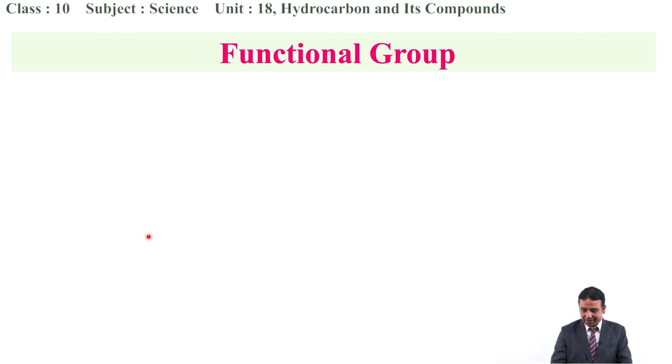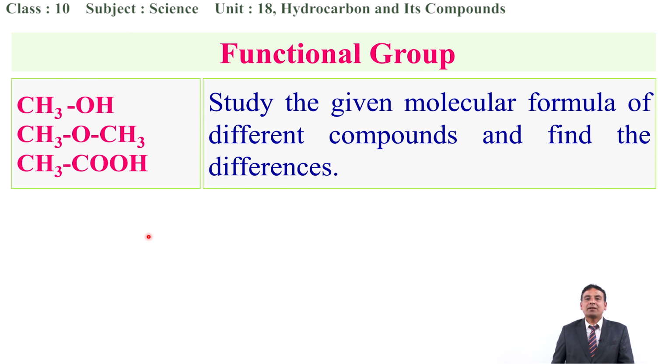For example, you can see here CH3OH, as well as CH3OCH3, as well as CH3COOH. So if you go through these three compounds, what type of differences do you find here?